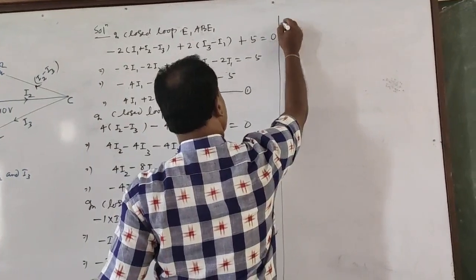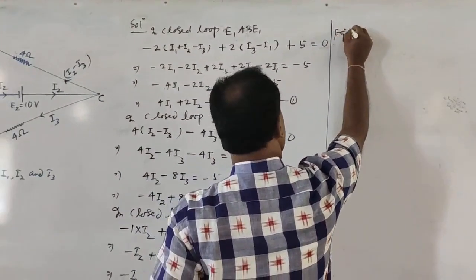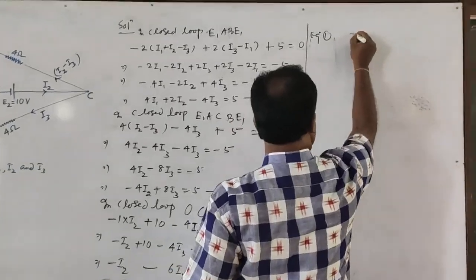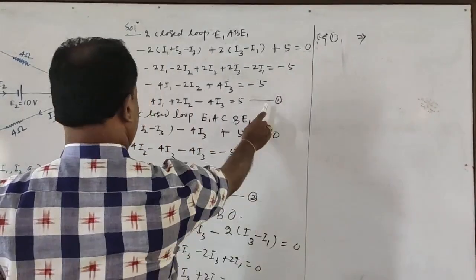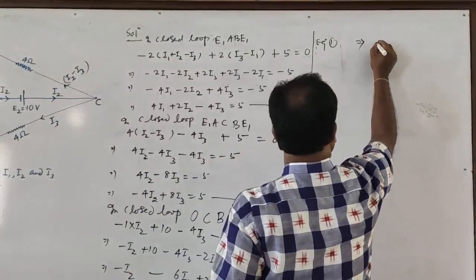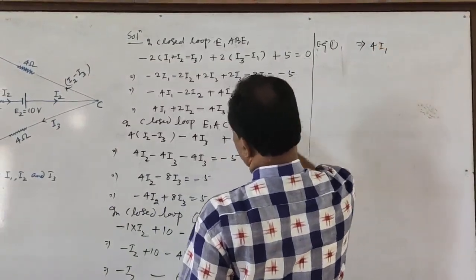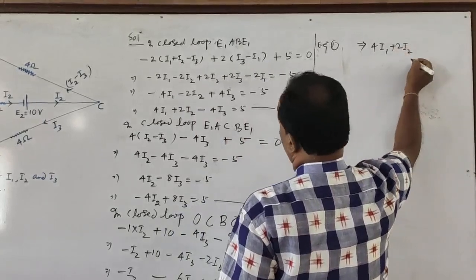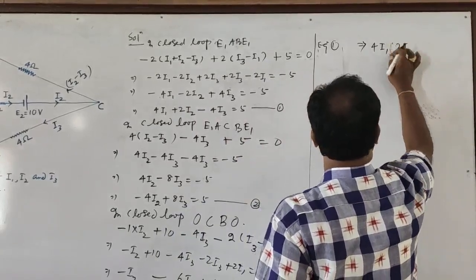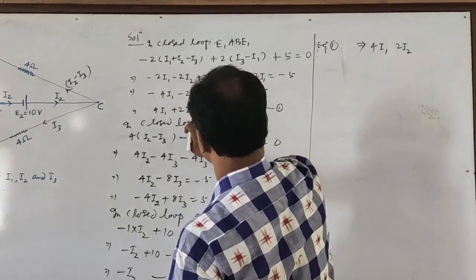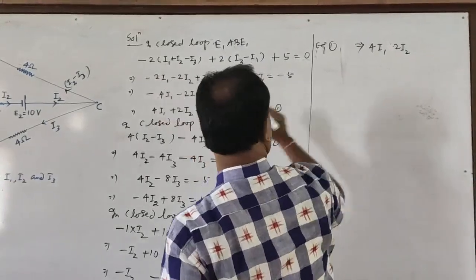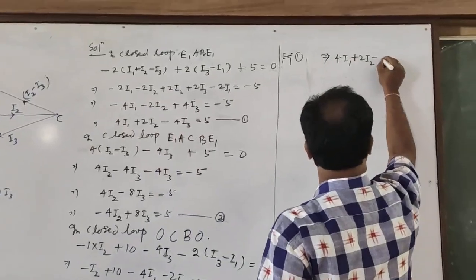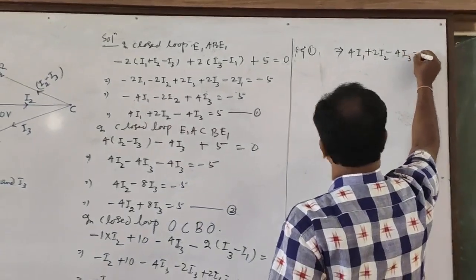Equation 1 implies 4I1 plus 2I2 minus 4I3 is equal to 5.